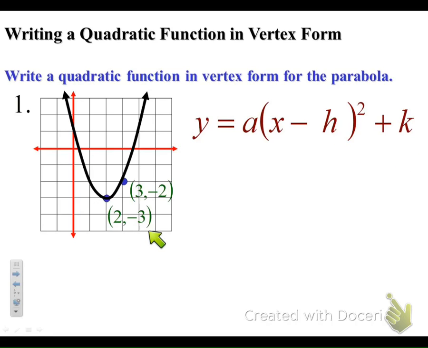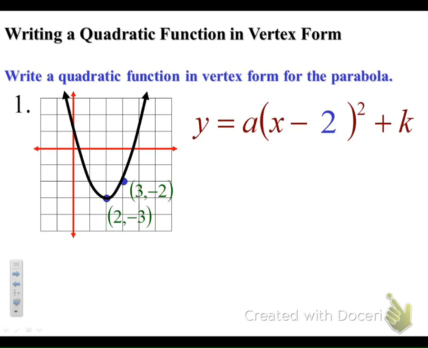So if 2, -3 is the vertex, then I'm going to use that for h and k. Notice what happens though whenever you plug it in with the equation. Whatever the x-coordinate is, we're going to have the opposite sign in our equation. So this is a +2, so here I'm going to just have -2. So what happens is the following.